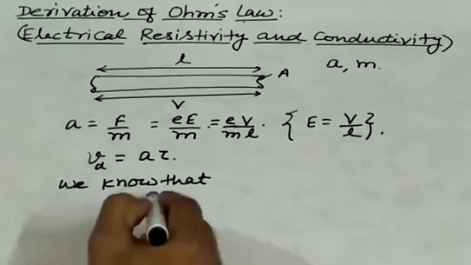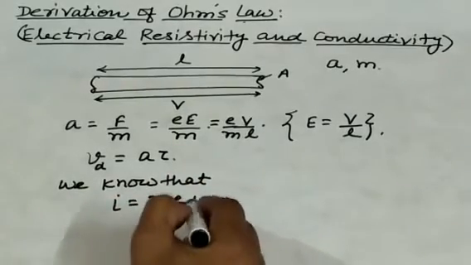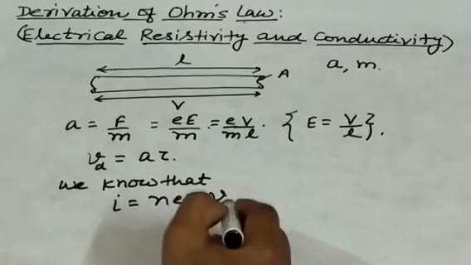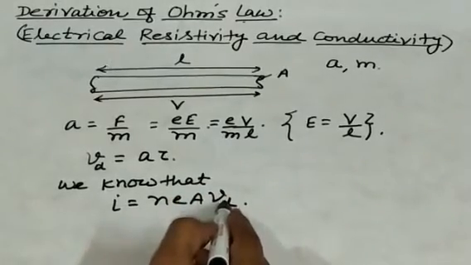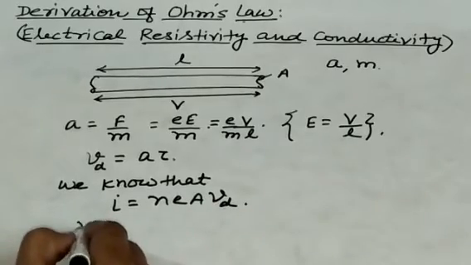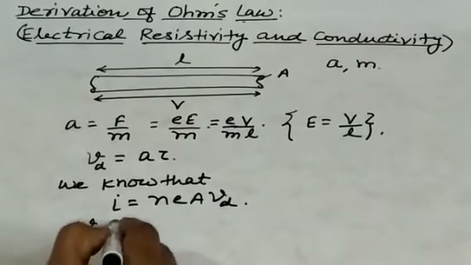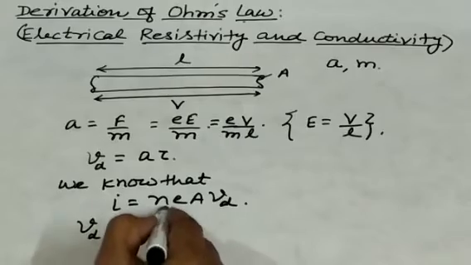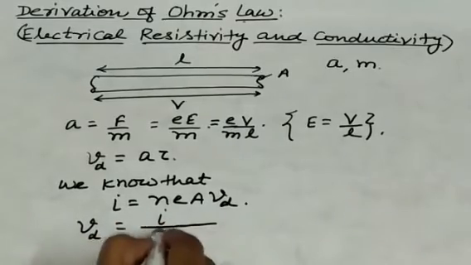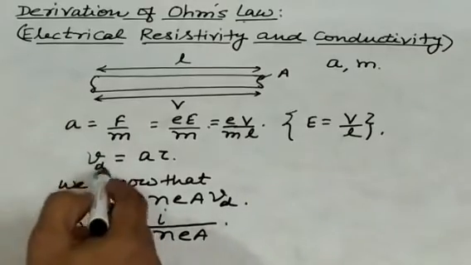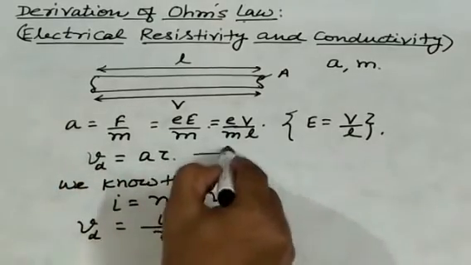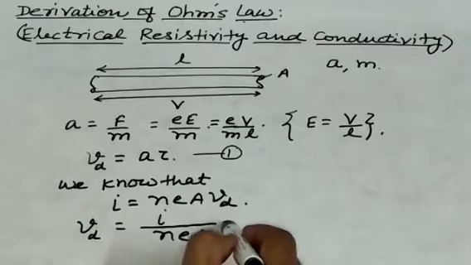I is equal to n e A Vd. This is the relation between the current and drift velocity. Or from here we can say the drift velocity Vd is equal to I upon n e A. Suppose this is equation number 1 and this one is equation number 2.